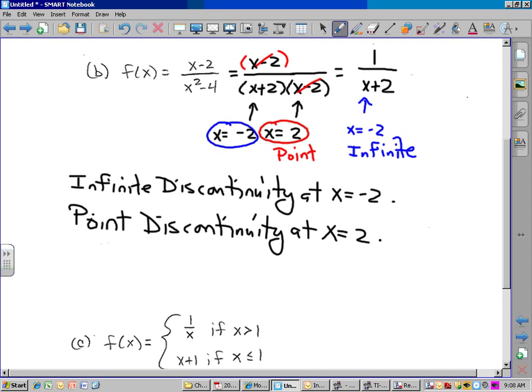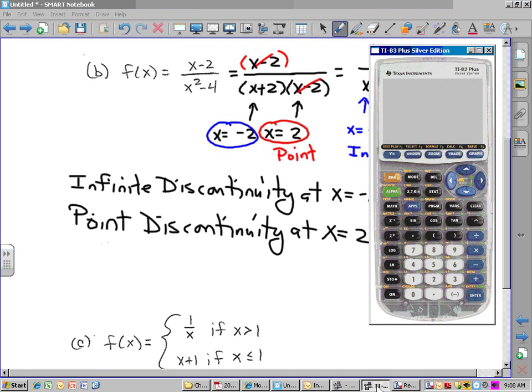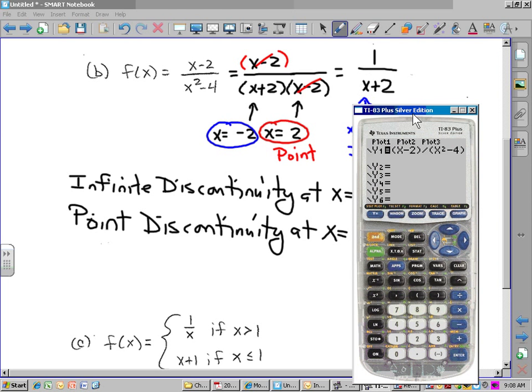Let's prove it. Let's take a look at the picture. I'm going to type in the original: x minus 2 divided by x squared minus 4. Now the result should look like 1 over x plus 2. It's a rational function.